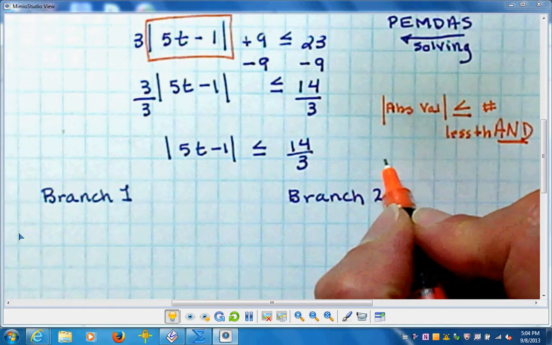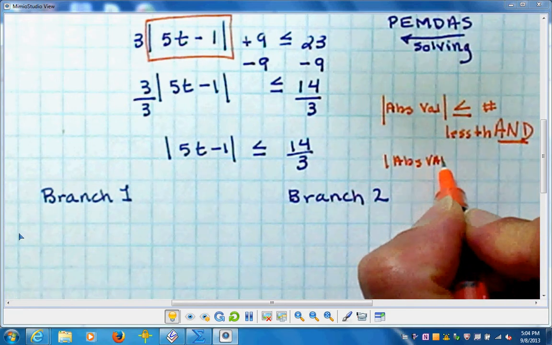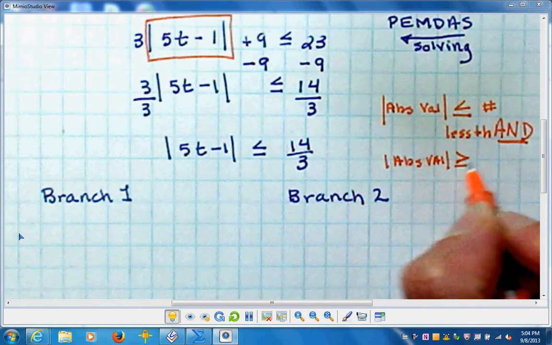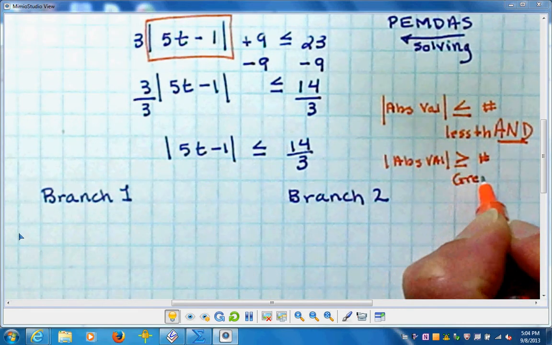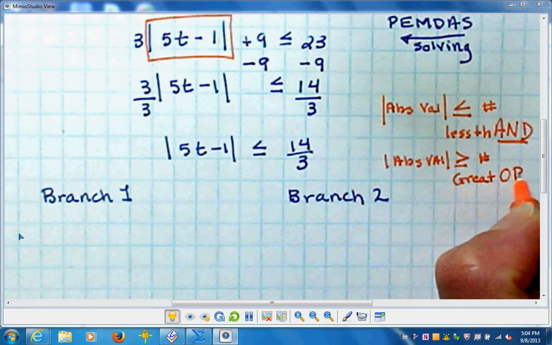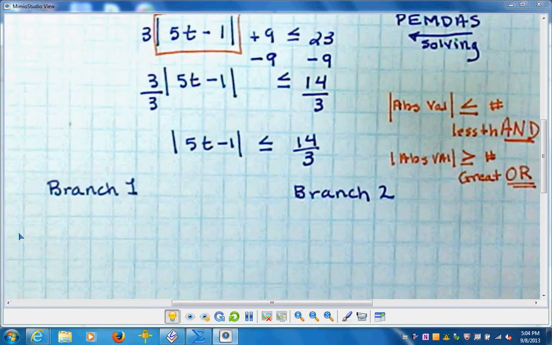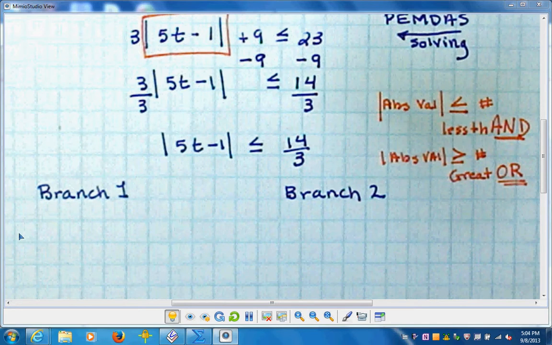If my absolute value is greater than or equal to some number, that's great-or. Okay, so that's kind of a quick and dirty way of trying to figure out if it's an AND or an OR problem.